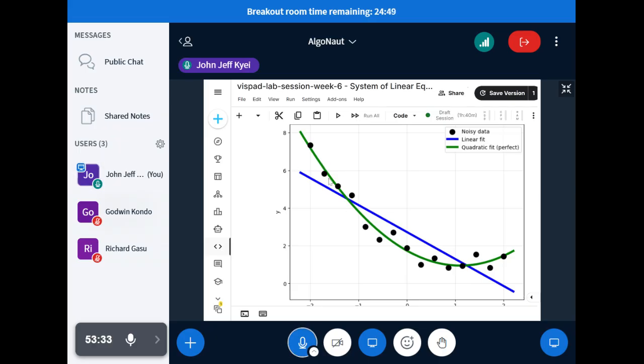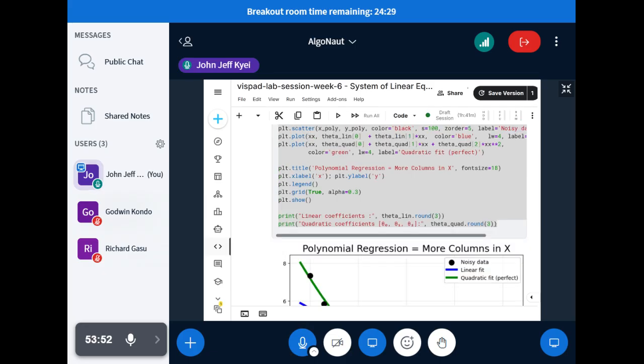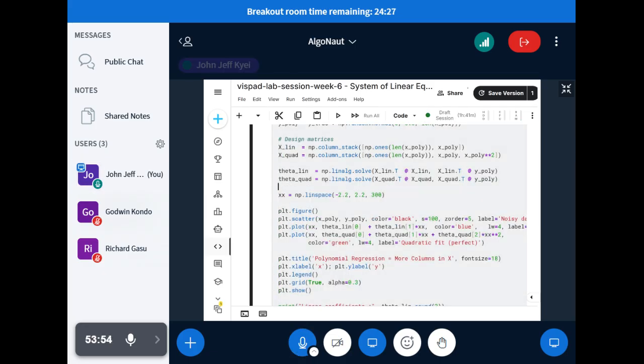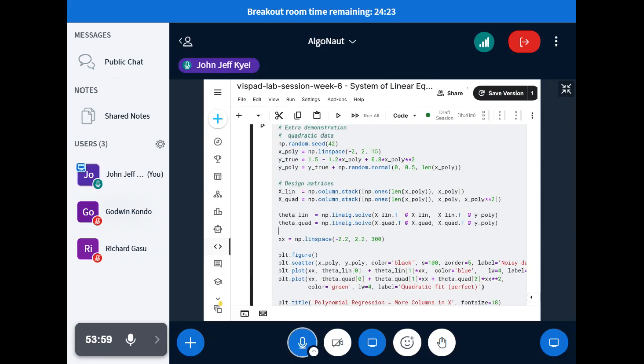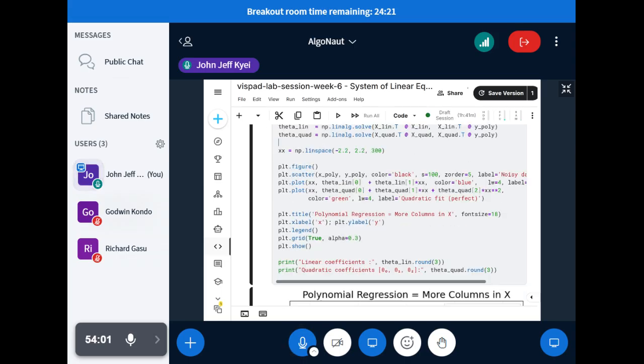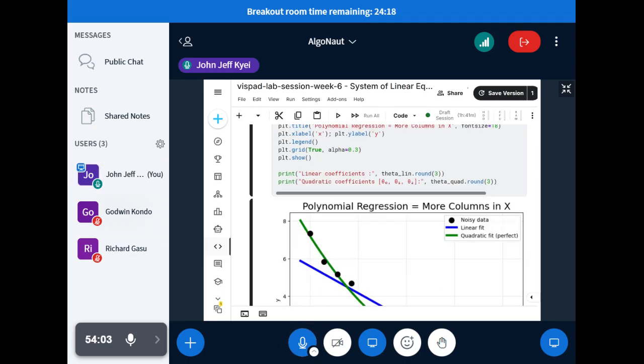And the second one is the quadratic fit, which you can see is almost perfect, but it's still the same least squares normal equation that we used for the linear model. And you realize that the system is still able to generate a line of best fit for a polynomial, for a quadratic function.